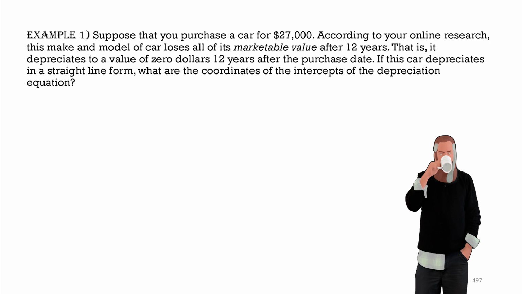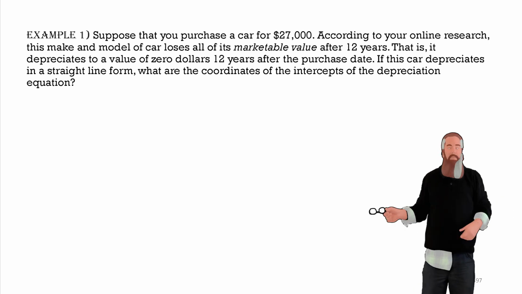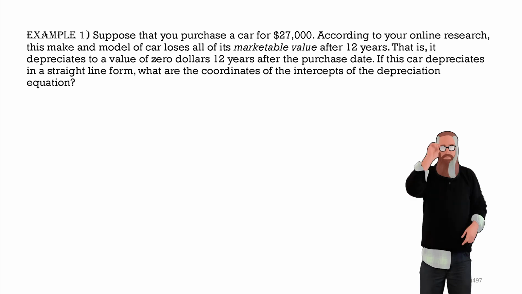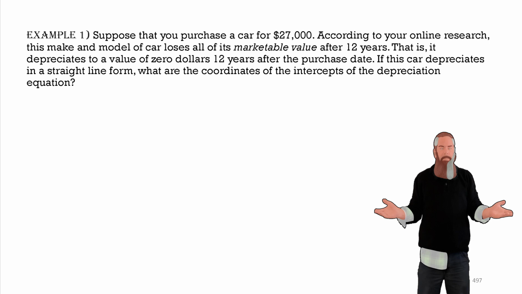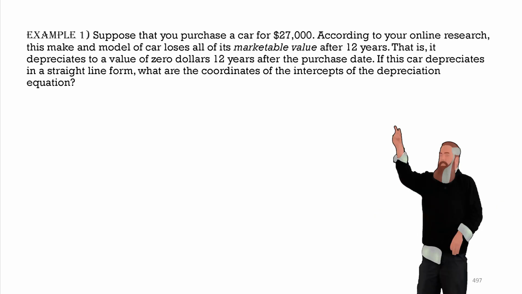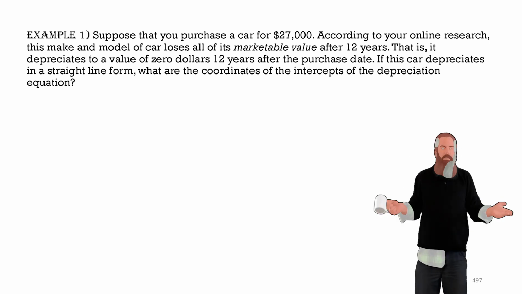Let y represent the value of the car at any time during its lifespan. The minimum y value is $0 and the maximum y value is the purchase price of $27,000. Knowing this information, you can identify the coordinates of the intercepts as (0, 27,000) and (12, 0).